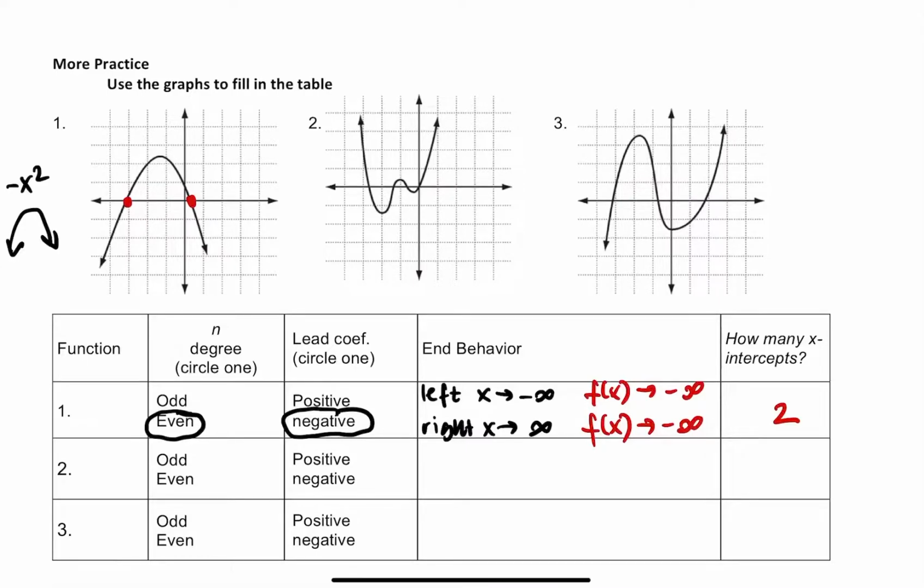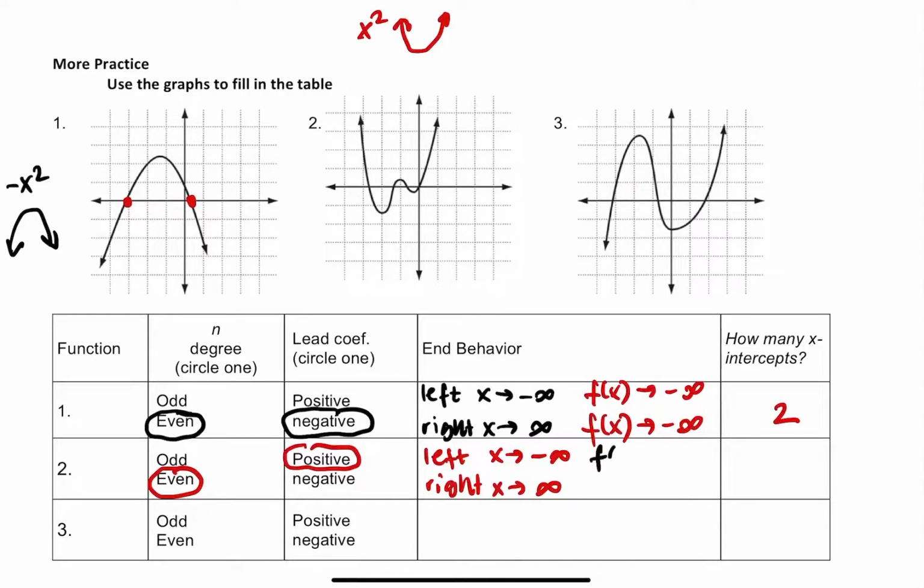Okay, let's look at question number 2. Same thing: both ends facing up. With both ends facing up, I can think of x squared. It looks like this. So that's an even function and positive. Left and right is always the same. On the left side, x goes to negative infinity, and on the right side, x goes to positive infinity.